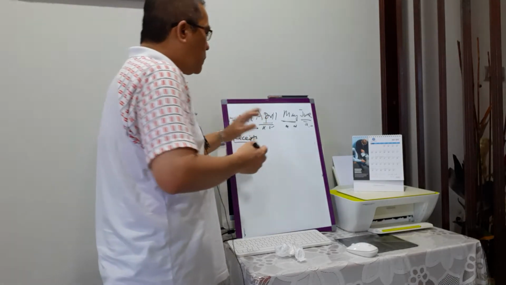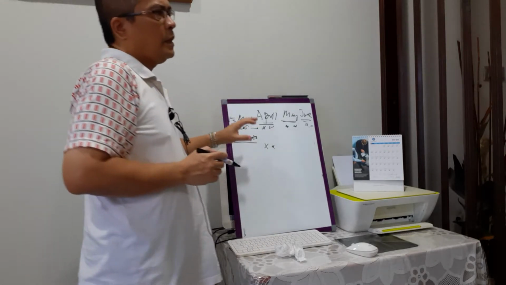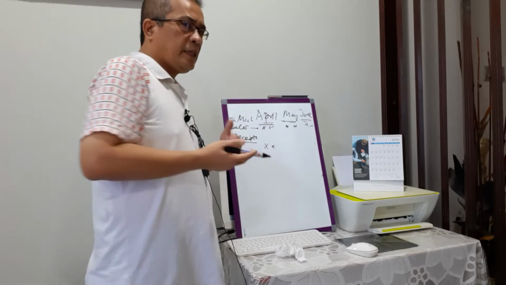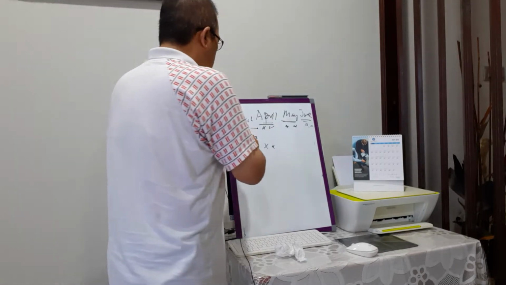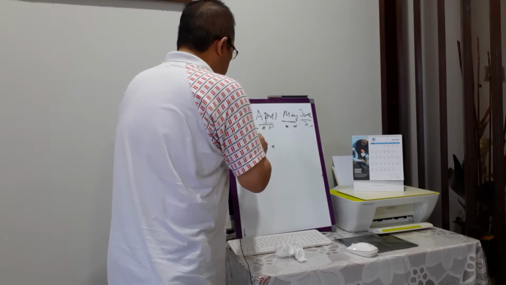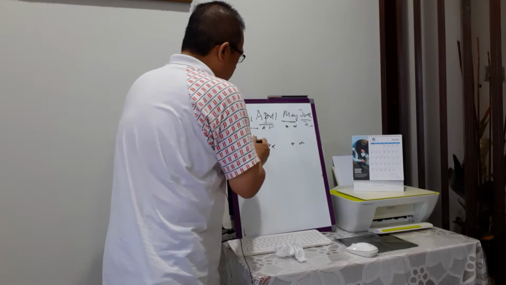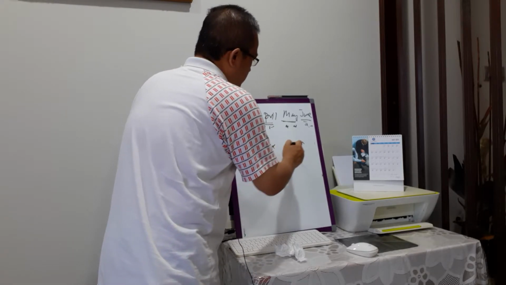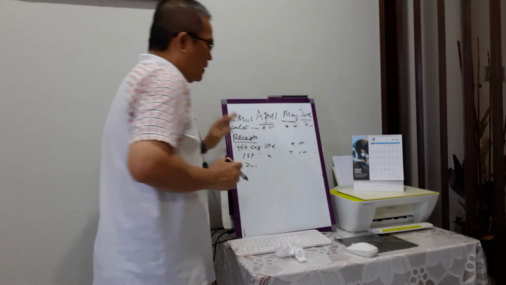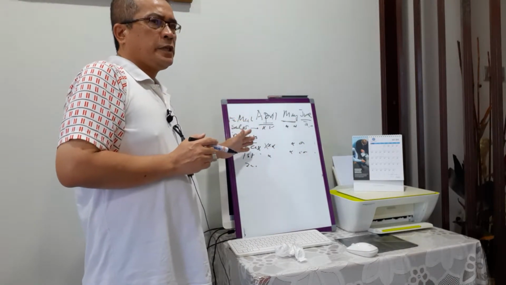So you just follow the collection pattern stated in the question. Okay, so let's say for example, first month, usually it's cash sales, and then there are some portions after the first month and after the second month and so on.